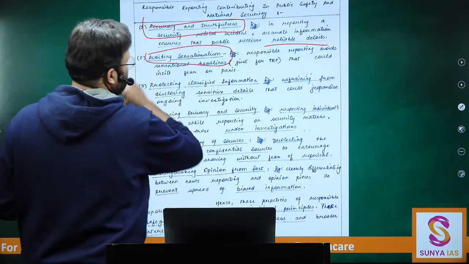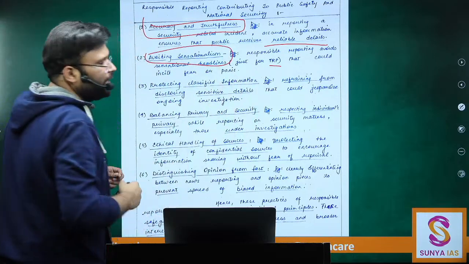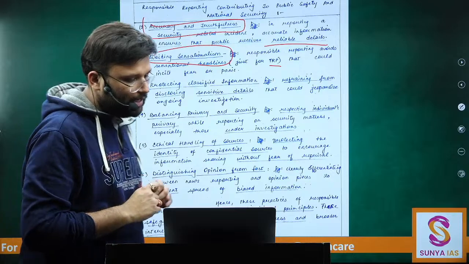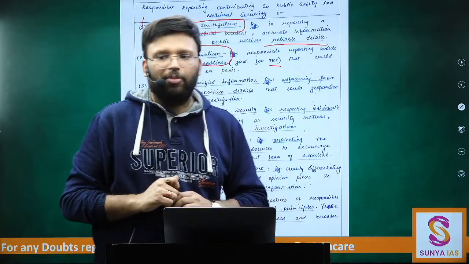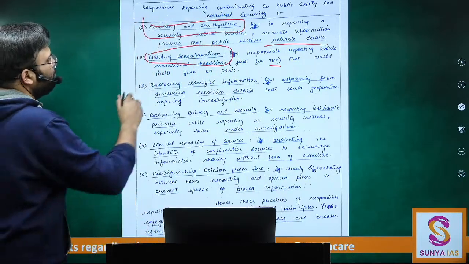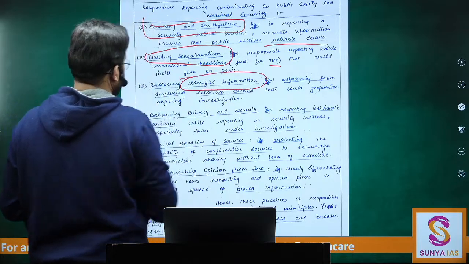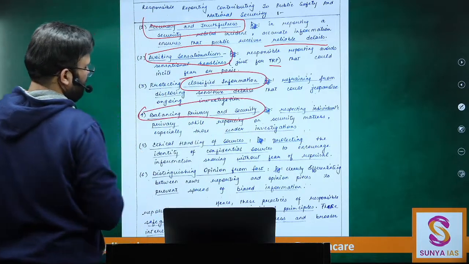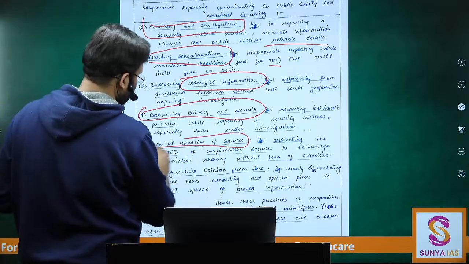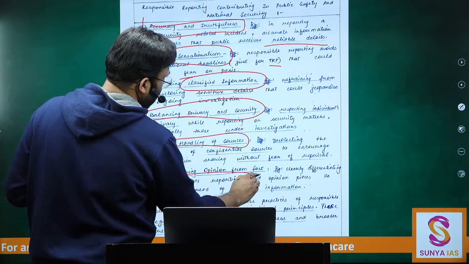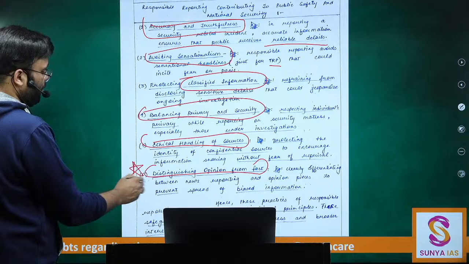Avoiding sensationalism. It should not be based on TRP, है ना. These days media organization is running like a big boss entity. Protecting classified information, balancing privacy and security, ethical handling of sources, distinguishing opinion from fact. This is very, very good point.